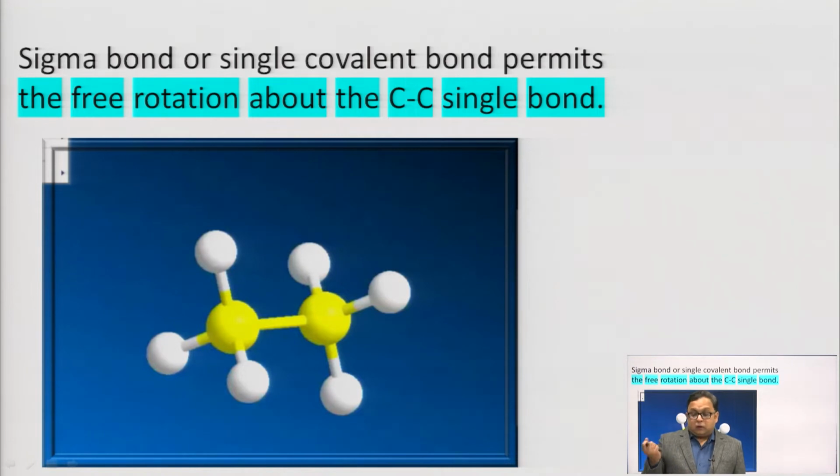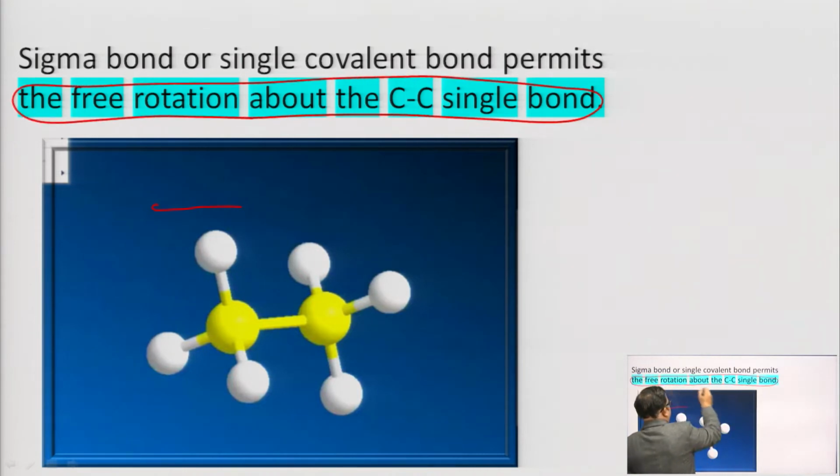Now, what is the meaning of this symmetric distribution of electrons? How is it going to have an impact? This symmetric distribution permits free rotation about the C-C single bond. So, students, underline this point: this symmetric distribution of electrons around the sigma bond permits free rotation.